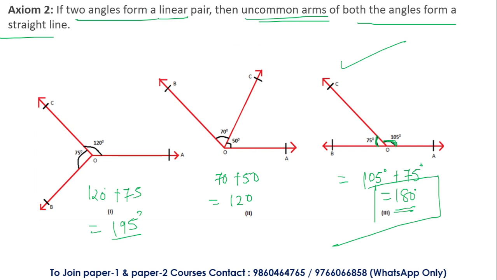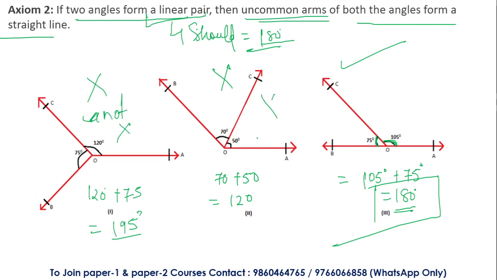In case of linear pairs, the summation must be 180 degrees. In the first and second diagrams, the summation is not 180 degrees, so the third line obtained here cannot be a straight line. Here also it cannot be a straight line.